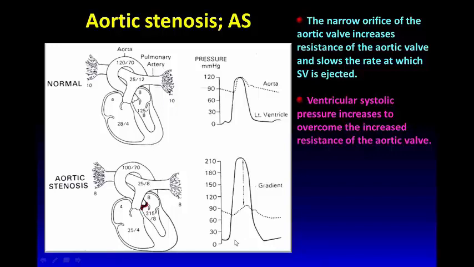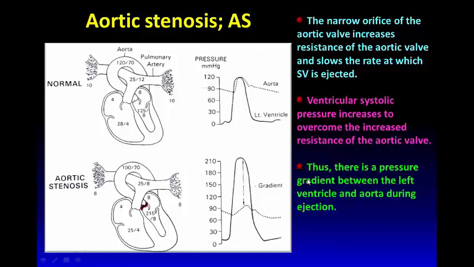Here is the left ventricular pressure curve showing a left ventricular systolic pressure of 210 millimeters of mercury, which is much higher than normal. The normal left ventricular systolic pressure is 120 millimeters of mercury.